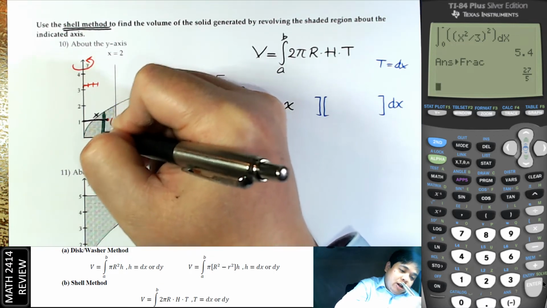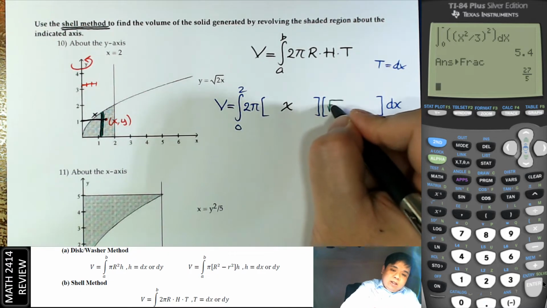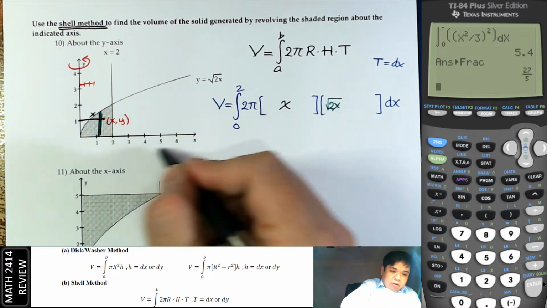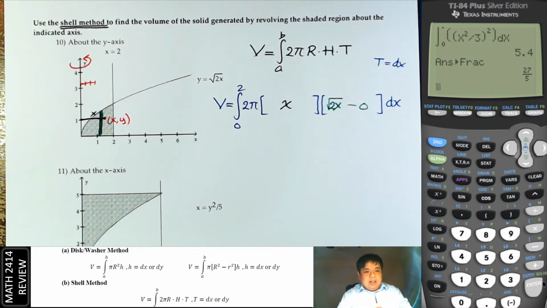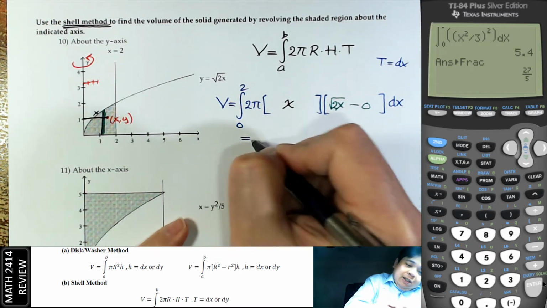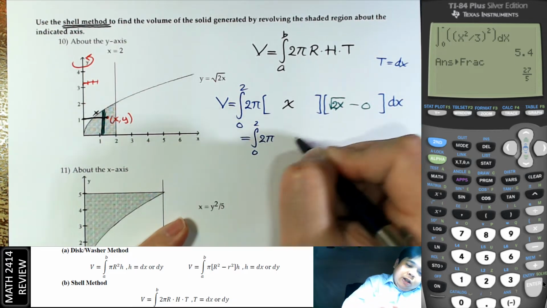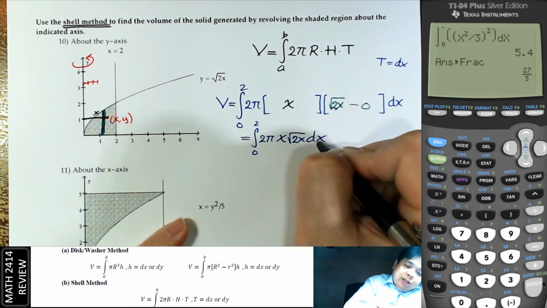So that will be the height. The function above is the square root of 2x. The function below is just 0, right? So the height is the difference of two functions, and r is the distance from the axis of rotation to a generic point. Zero to 2, pi x square root of 2x dx, right?